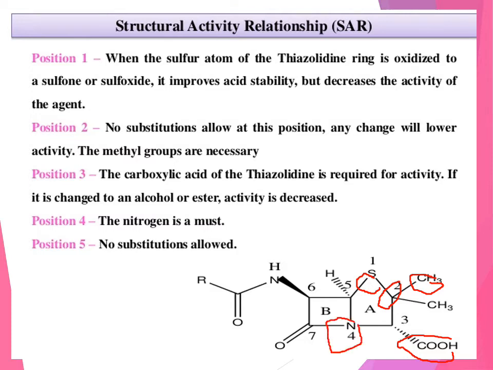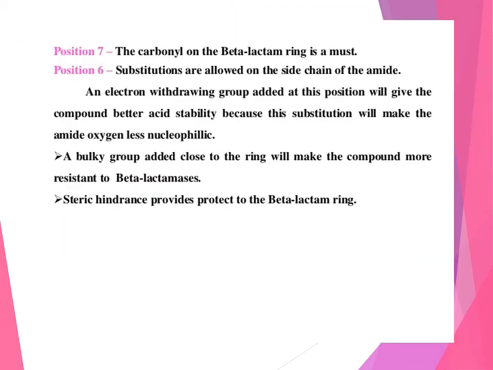Nitrogen is a must. This is also responsible for the activity of our penicillin. Position number 5. This one, walang pwedeng mag-substitute sa ating hydrogen dito. Pag mayroong substitution na nangyari dyan, this will affect the activity of our penicillin. Position number 7 on the beta-lactam ring is a must.